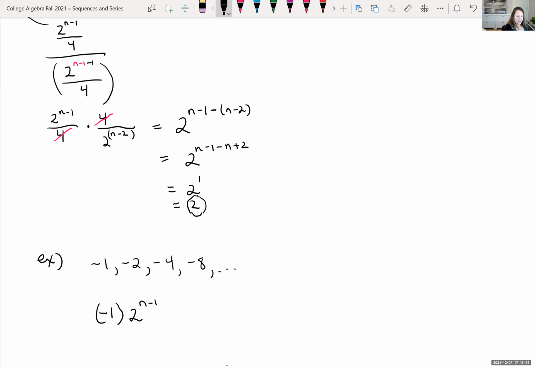And again, we can try it. If n is 1, we get 2 to the 0 power, which is 1 times -1 is -1. If n is 2, the second term, we get 2 to the first, which is 2 times -1. So this is our a sub n term.